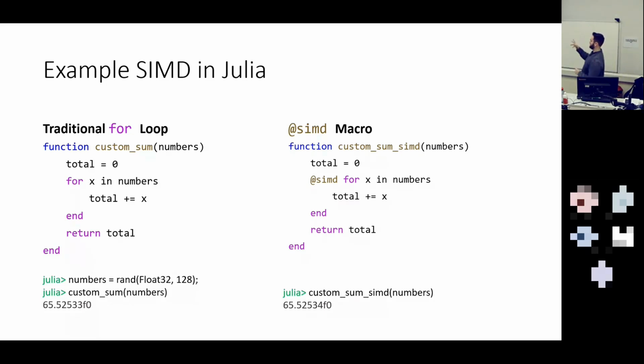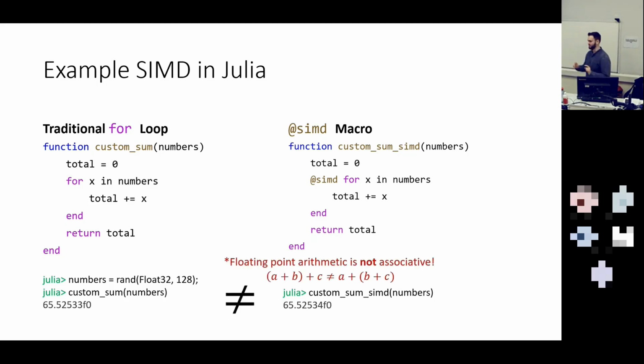Has anyone noticed anything strange about the numbers that come out? Different last digits. Yeah, they're slightly different. So this is just a sort of note, but floating point arithmetic isn't associative at all.